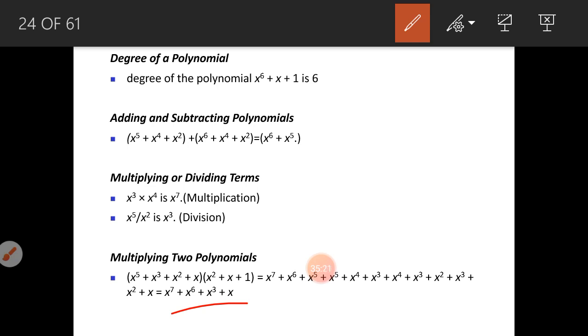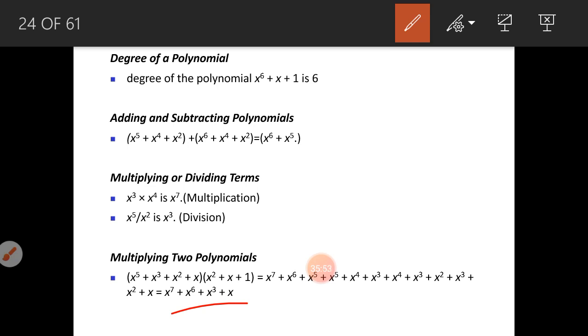How do we need to multiply the two polynomials? Each term from the first polynomial we need to multiply with all the terms present in the second polynomial. After that we need to simplify, meaning we need to delete the similar terms in the addition and also in the subtraction, and after deleting the similar terms we get the final result. So these are some basic operations we need to understand before going to the real problem.